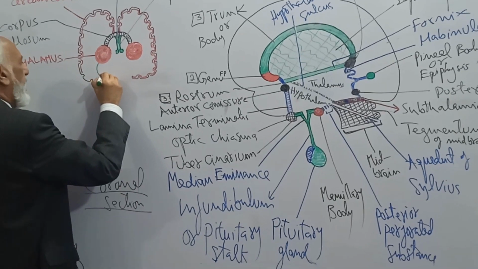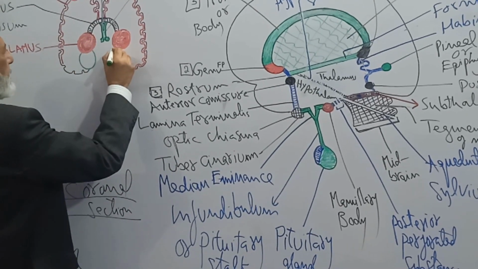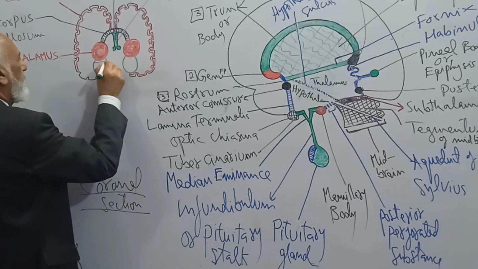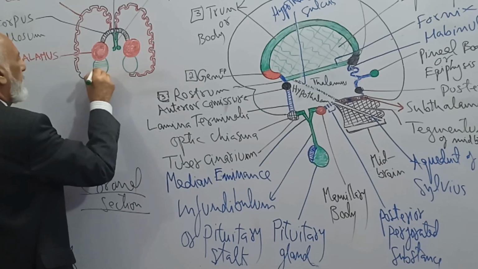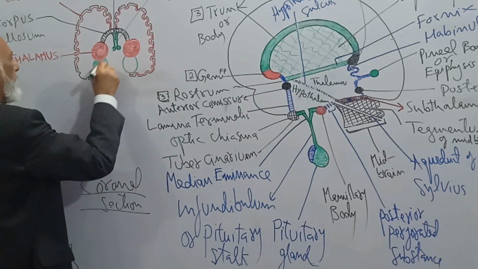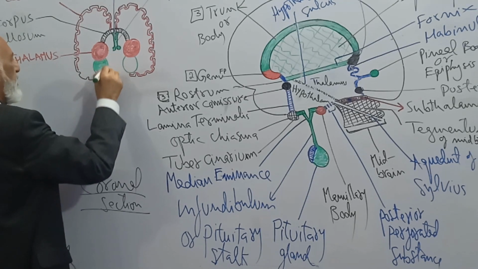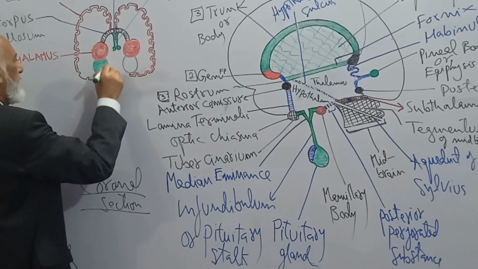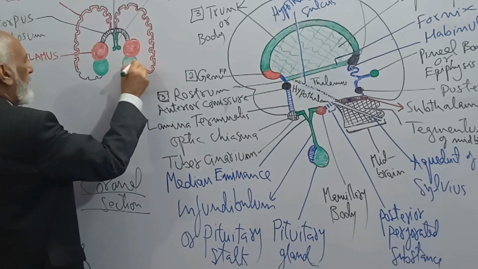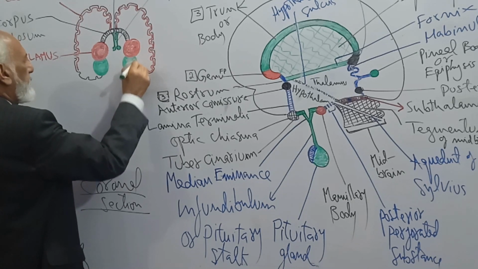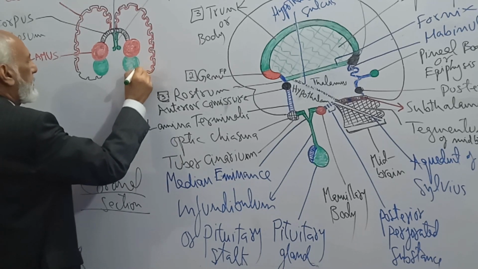This is right hypothalamus and this is the left hypothalamus. In the right cerebral hemisphere, this is a section through right hypothalamus, and in the left cerebral hemisphere, this is a section through the left hypothalamus.